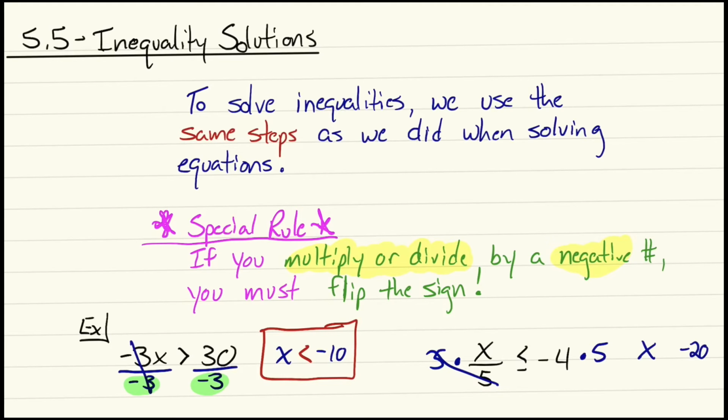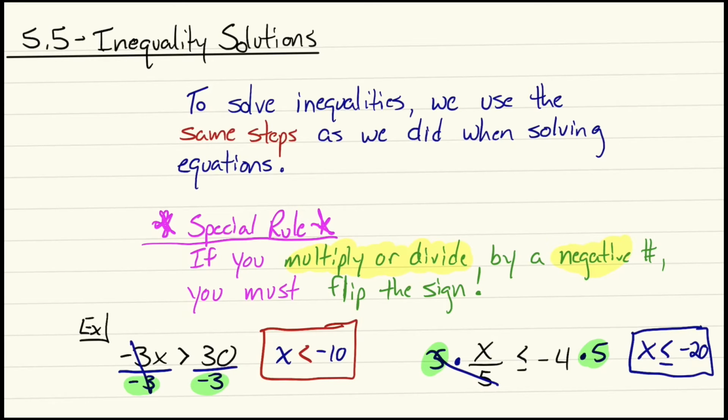In this case, notice that the number that I'm actually doing the math by is positive. Even though there's a negative involved in the problem, I'm not actually multiplying or dividing by the negative. So since I'm not actually using that number to help me solve the problem, it's just there, we do not flip the sign and we keep it the exact same as it was before.